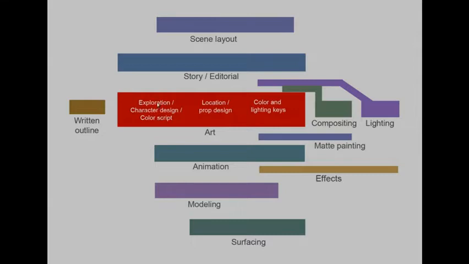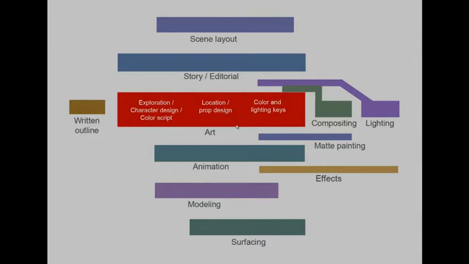After we've made some progress in that direction and have created an overview of the look and feel of the show, we'll go into a color script. And once we have those things established, we'll go into official location design, formal location design, prop design, because every single thing that appears in every single location has to be designed by an artist.